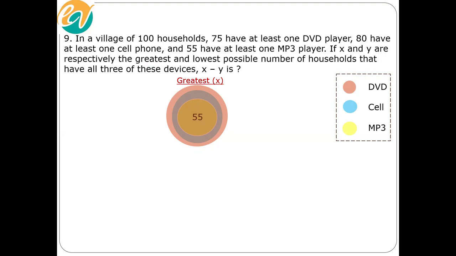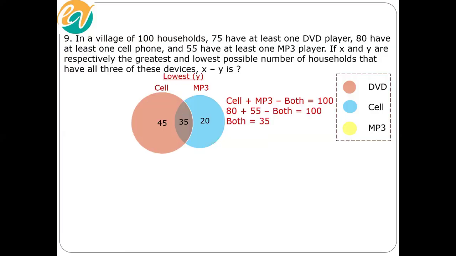Well, now this is something that needs explanation. Let us just take cell and MP3. 80 have cell and 55 have MP3.